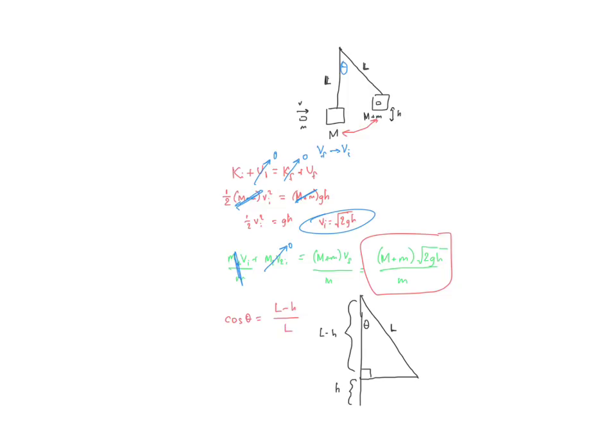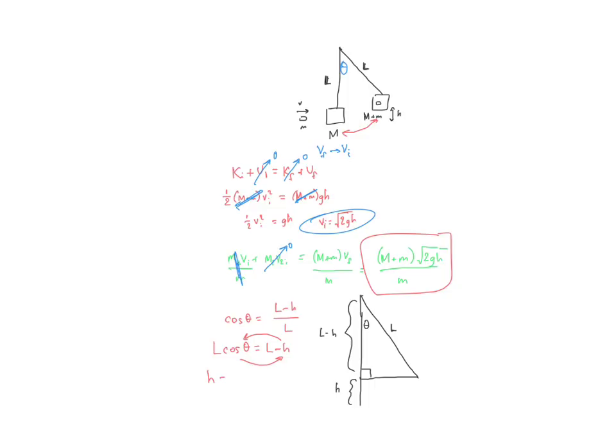If you're asked to find theta as a function of h, you would just take the inverse cosine on both sides. But typically what's done is you're given the theta and you have to find the h. So we want to get h as a function of theta. So I'm going to multiply both sides by L. So we have L cosine theta is equal to L minus H. And then let's bring the H over to this side and the L cosine theta over to this side.